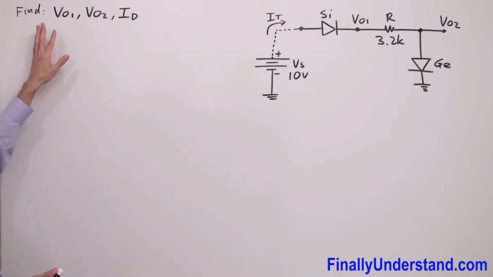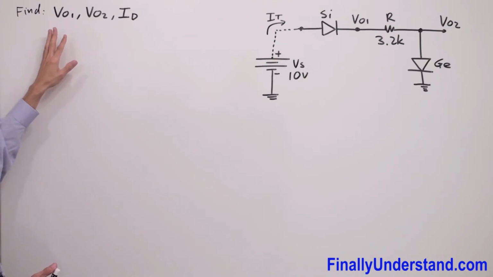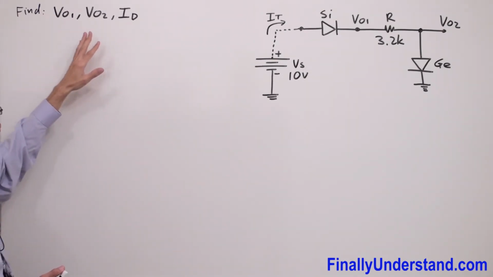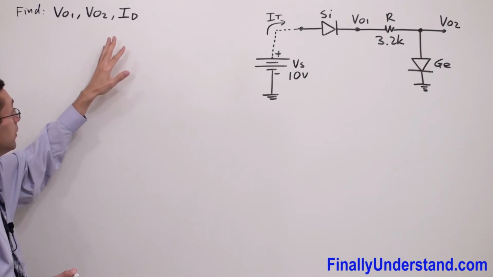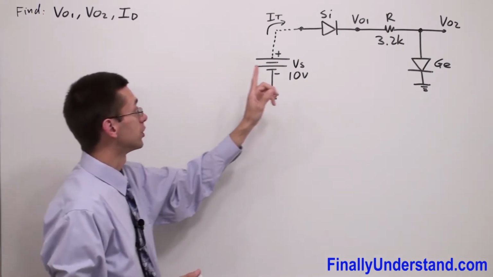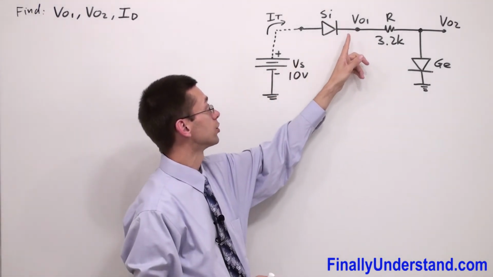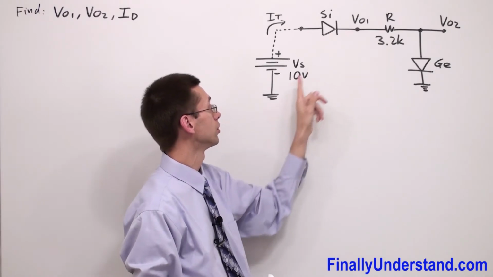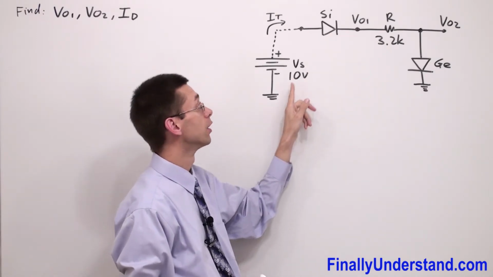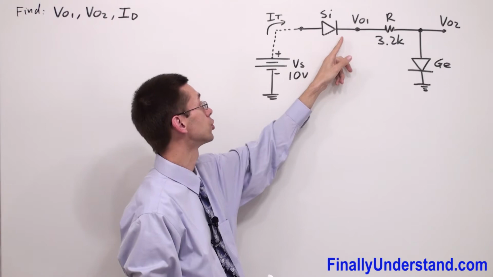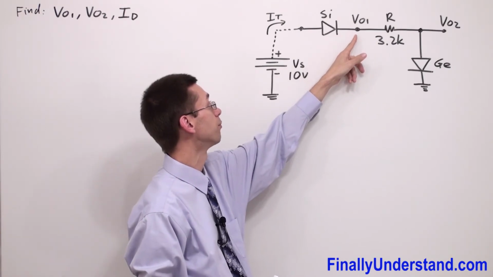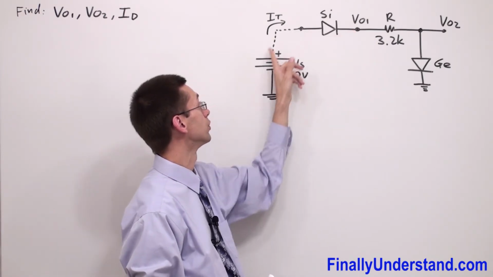So what we're supposed to do next, we have to look at what we're supposed to find. We have to find Vout1, Vout2 and ID. Please notice that Vout1 is the voltage measured from this point to ground. We do not have any resistors on the way from this point, Vout1, to the ground.